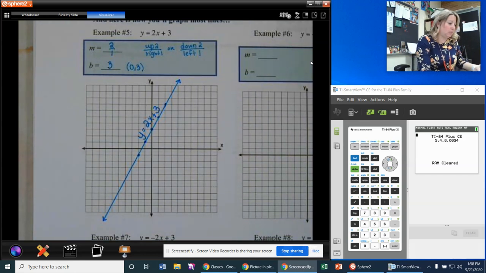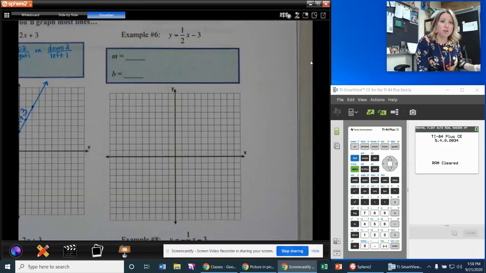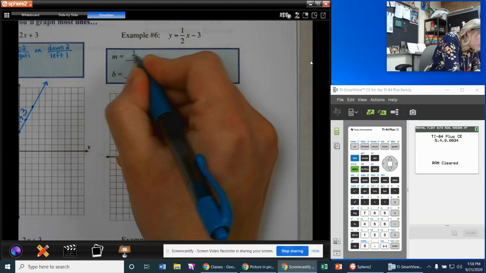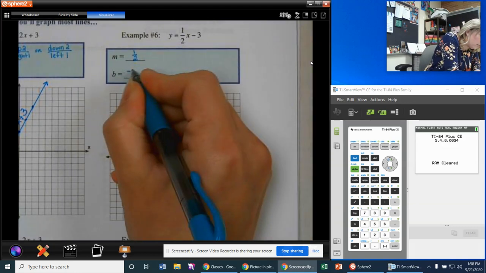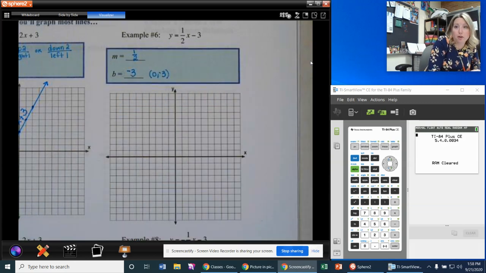Next. You're doing these with me anyway, but pause if you need more time. Y equals 1/2 x minus 3. Okay, so the slope is 1/2. It's already in fraction form. Negative 3 is the y-intercept, which means that my point I will graph is 0, negative 3. That's where I'll start my graph.